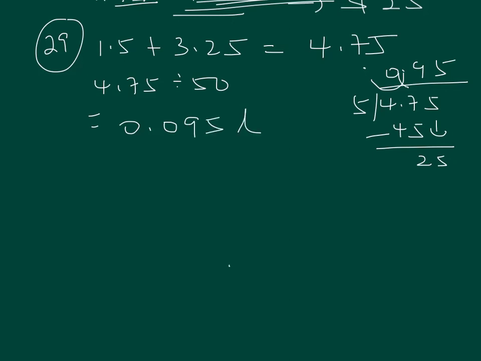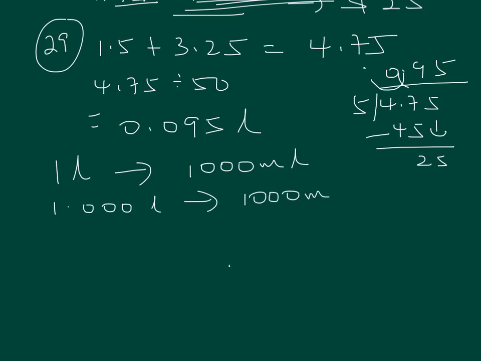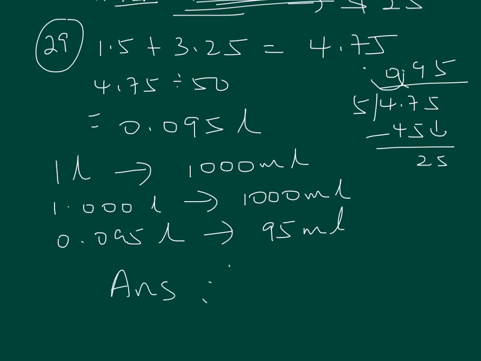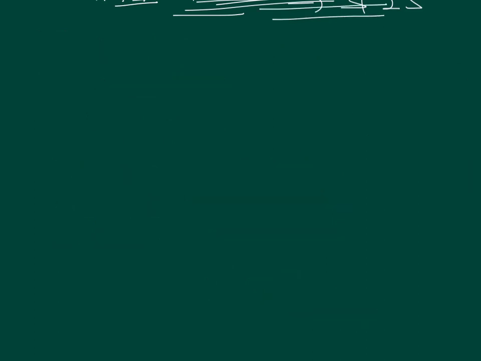We convert it. 1 liter is actually 1000 milliliters. So 0.095 liters is actually 95 milliliters. So our answer for question 29 is 95 milliliters.